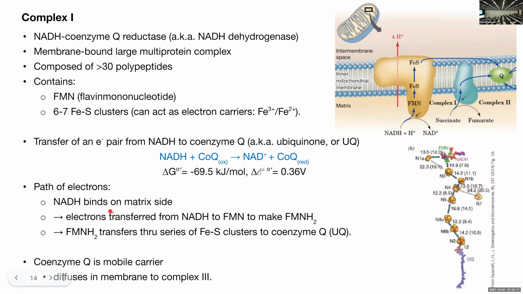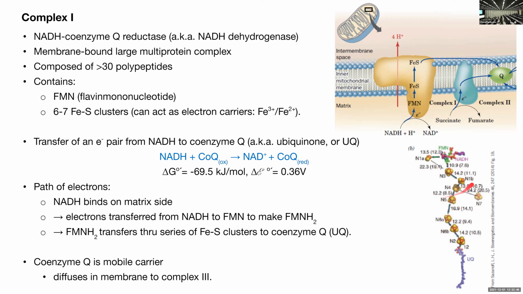The path of electrons starts from NADH, which hands the 2 electrons to FMN here. There are some energies involved, outputted through these processes, written here.